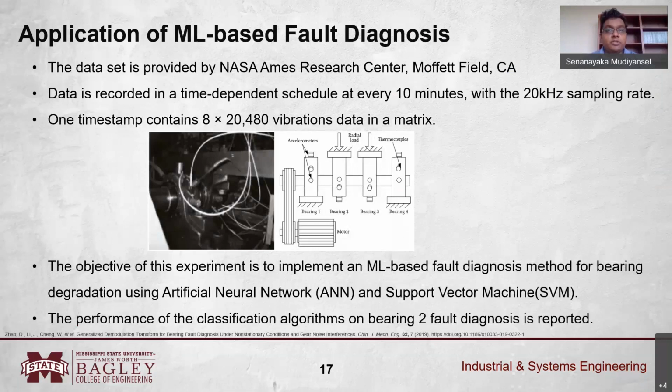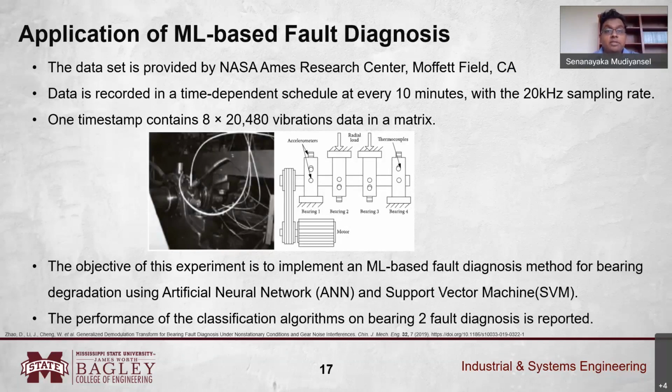Let me talk about this application of machine learning based fault diagnosis. We have selected a data set provided by NASA Ames Research Center to show you what type of fault diagnosis can be done using these machine learning algorithms.